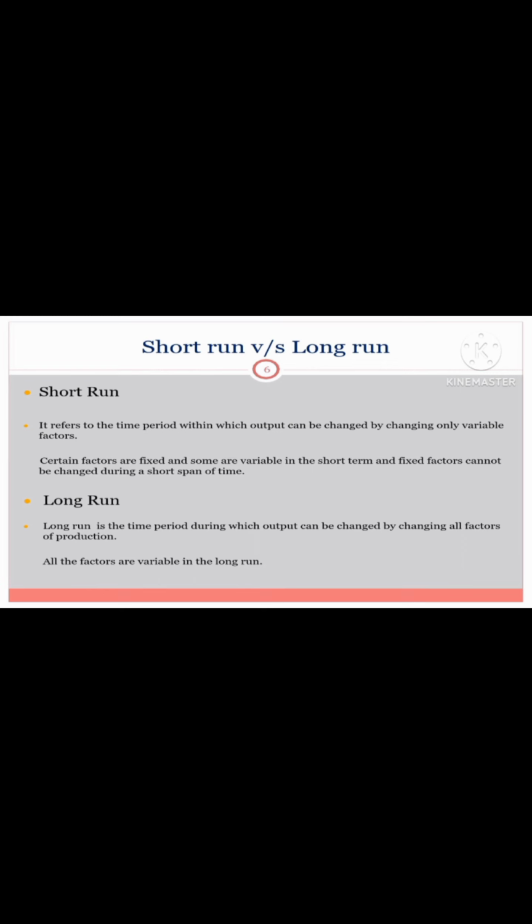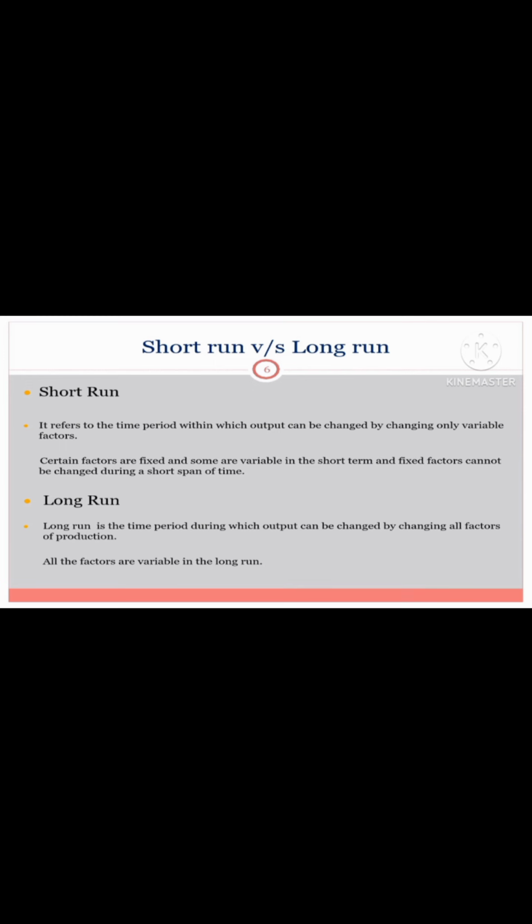As everyone knows, a short run production function is that time period where at least one factor remains constant or fixed while others fluctuate. But in the long run, it is that time period when all your factors are changing, which says that all the factors are variable.